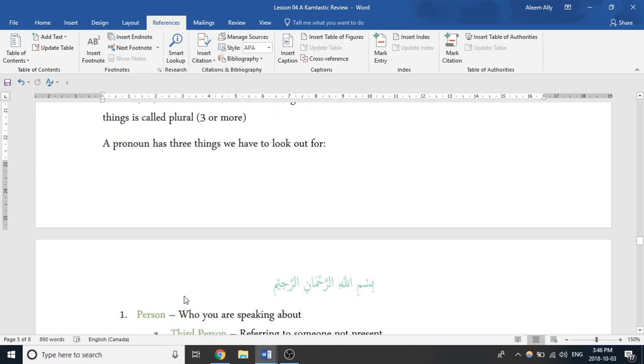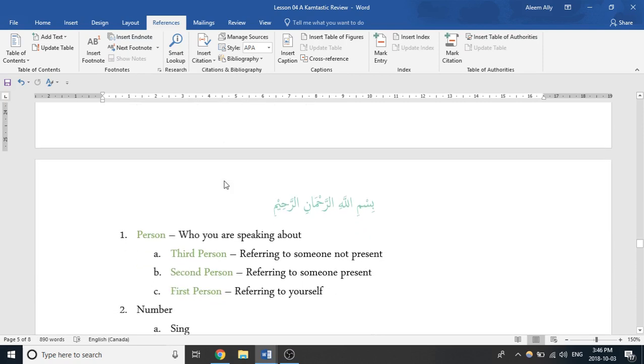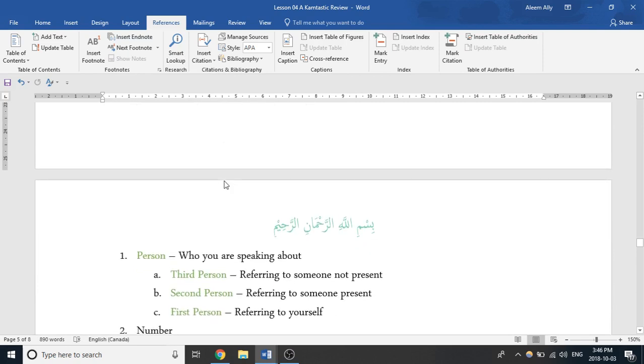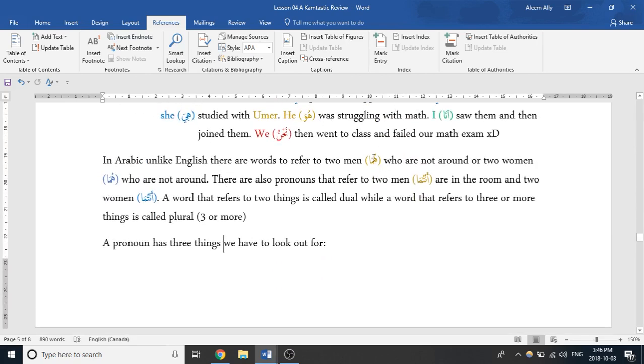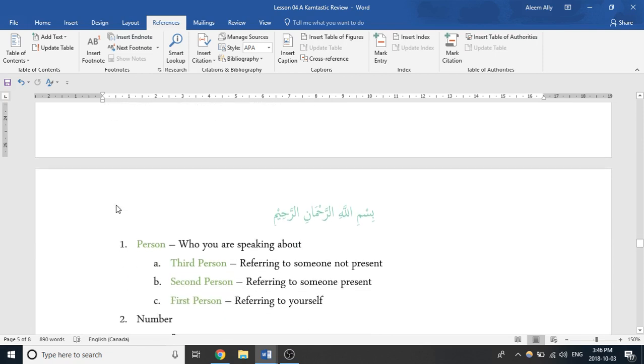So a pronoun has 3 things that we have to look out for. First off is person, and that's who you're speaking to. If it's a third person, it's referring to someone who's not necessarily present, or you're telling something from the past and they're not there at the moment. So he, she, they, all these different words that we see, the hua, huma, words like that, they're referring to somebody who's not there at the moment.